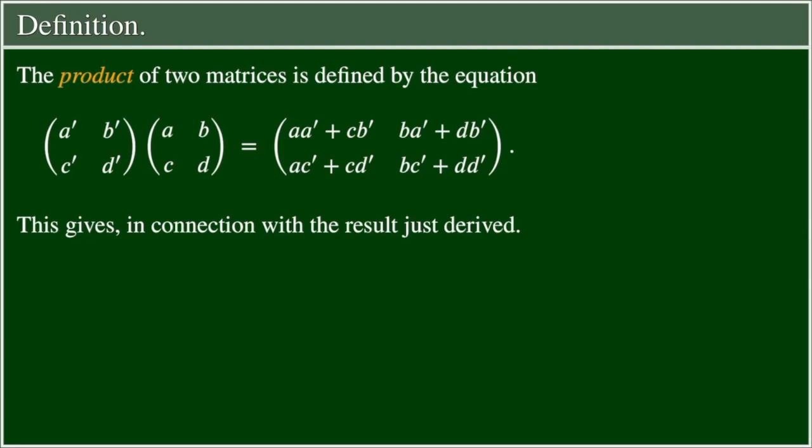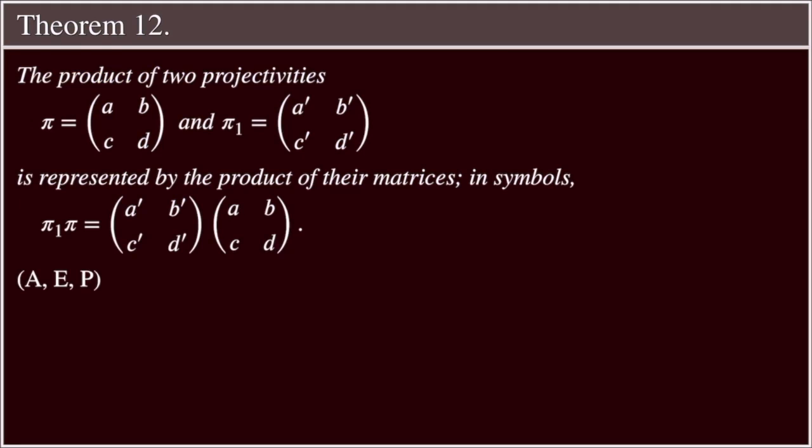Definition: the product of two matrices is defined by the equation the matrix a prime, b prime, c prime, d prime times the matrix a, b, c, d is equal to the matrix a prime a plus c b prime, b a prime plus d b prime, ac prime plus c d prime, bc prime plus d d prime. This gives, in connection with the result just derived, Theorem 12.